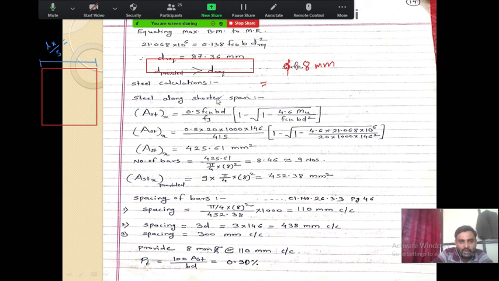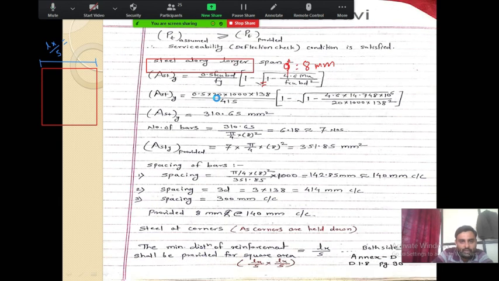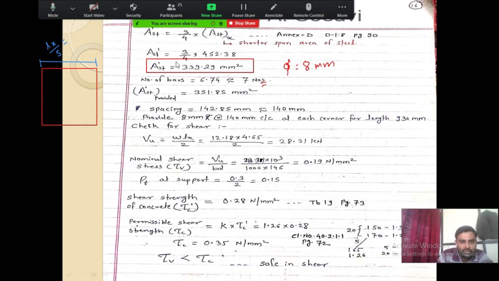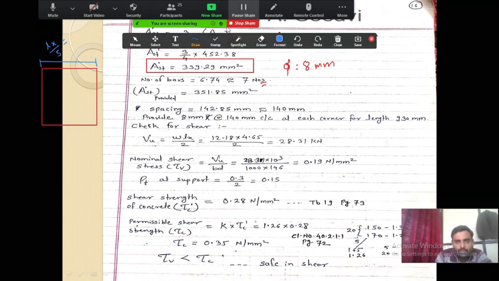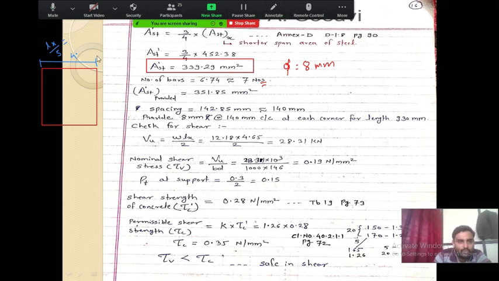So that value we should consider over here while doing this calculation. So lx is 4.65.